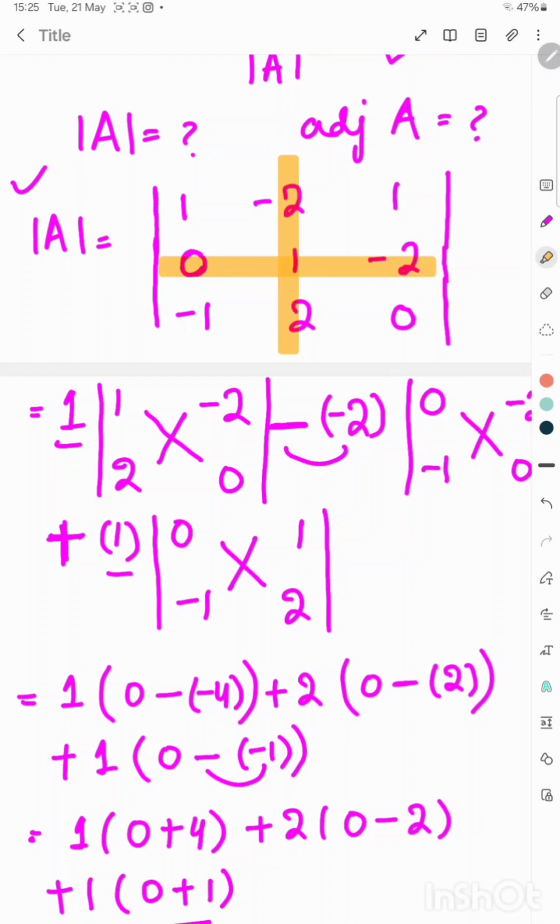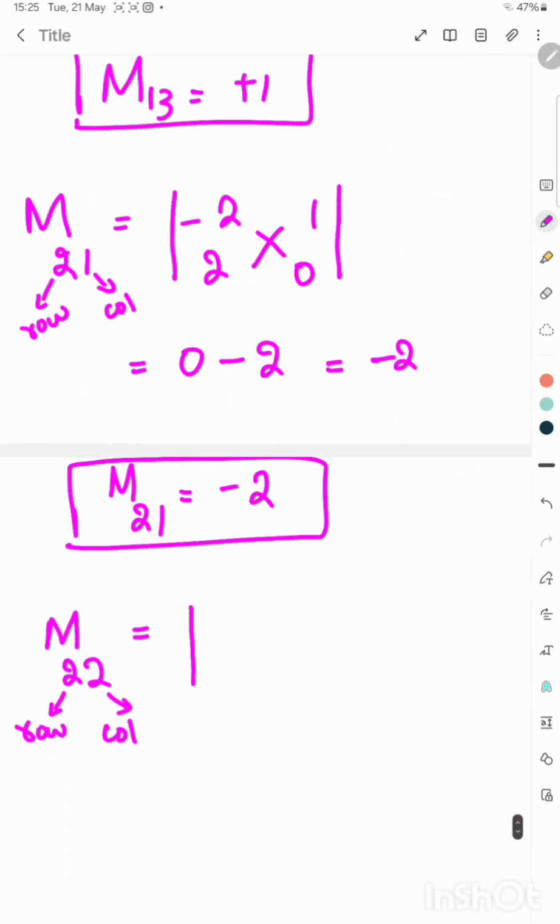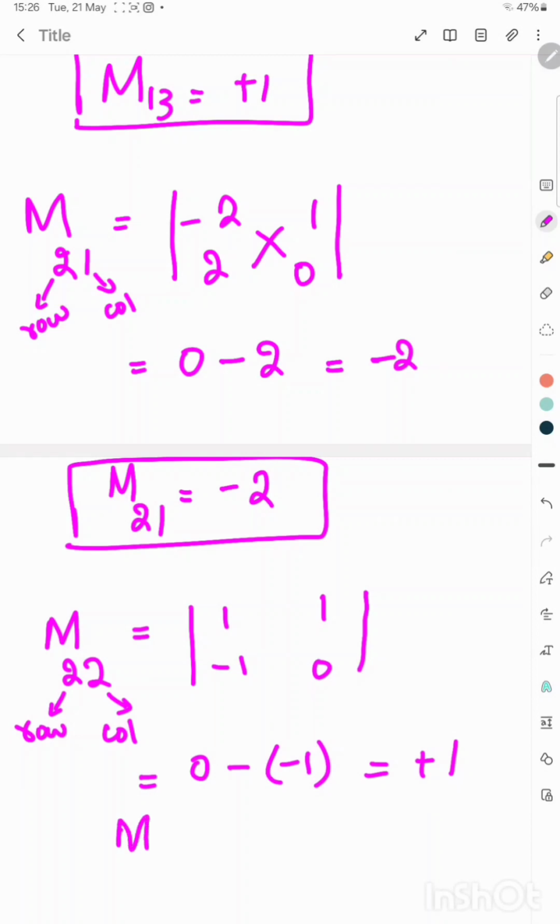What remains is 1, 1, minus 1, 0. Again I will cross multiply them and put the negative sign between them. So 1 times 0 is 0, minus 1 multiplied by minus 1 is 1, so it will become plus 1. So M22 is equal to plus 1.